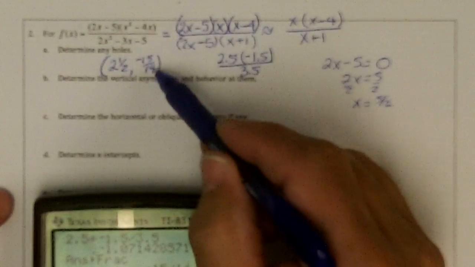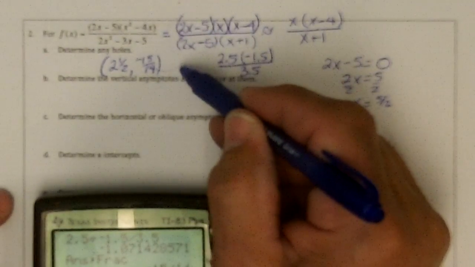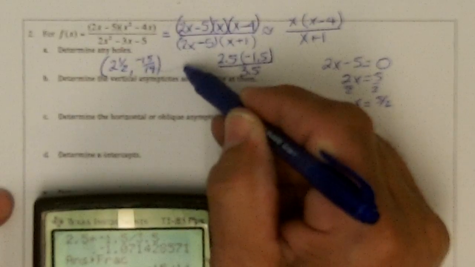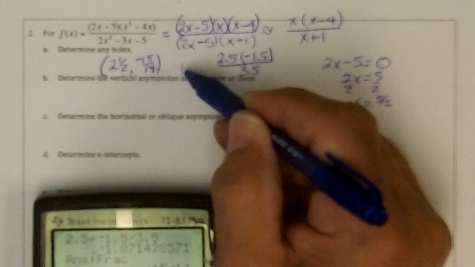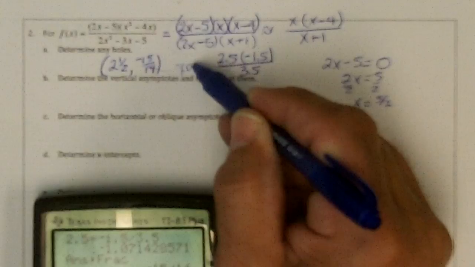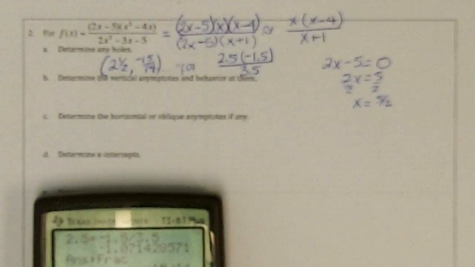And the decimal value of that, which might be more useful for graphing, it might not be, is negative 1.07-ish. Okay?